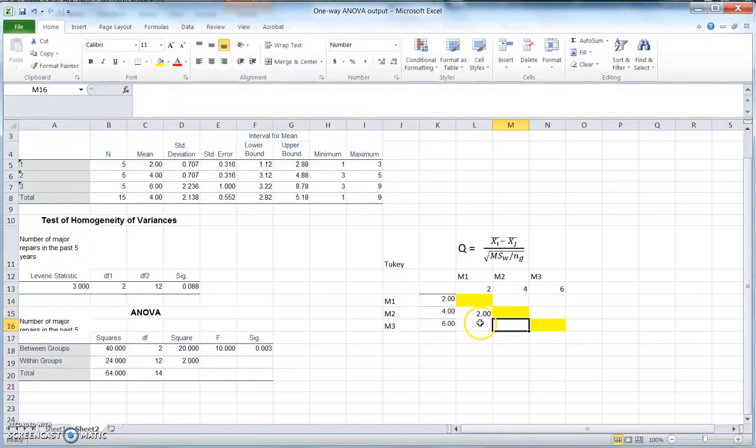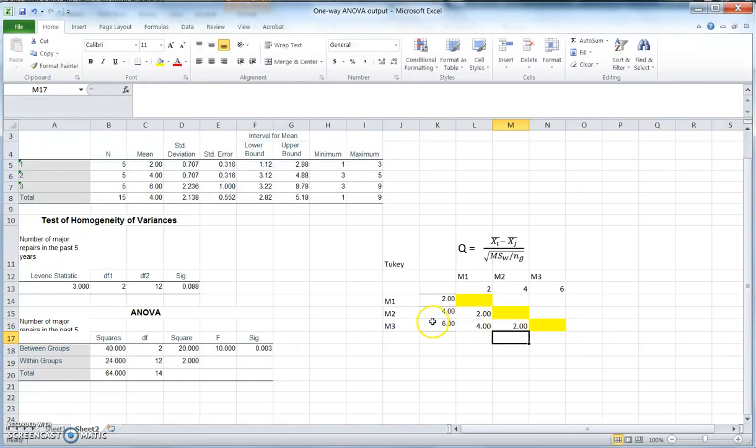Next pair is model 3 versus model 1. The means are 6 versus 2, so the difference between the two means is 6 minus 2. That gives you 4. The last pair we have here is model 3 versus model 2. Again, the difference is between 6 and 4, that is 2.